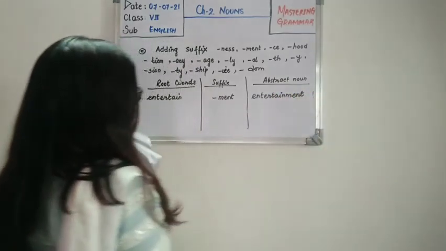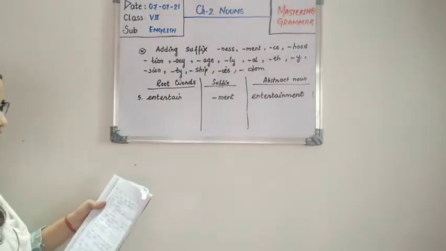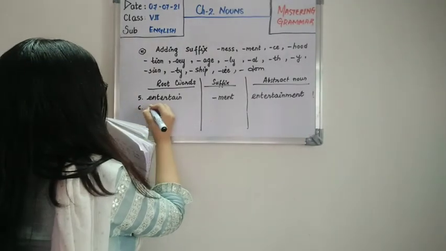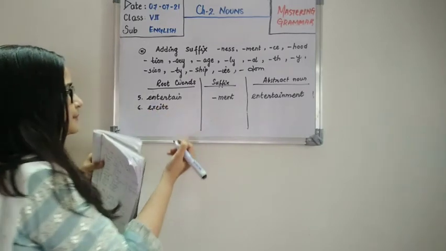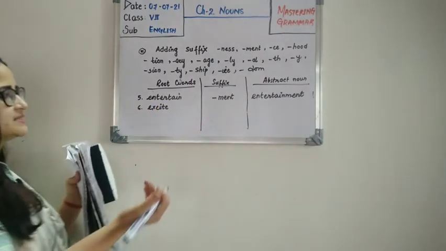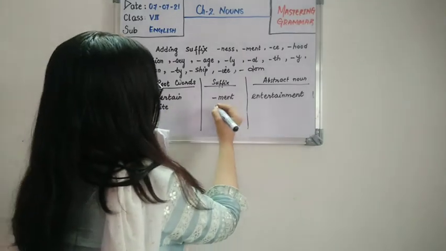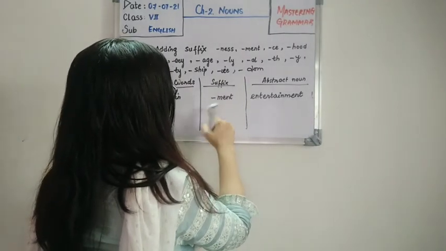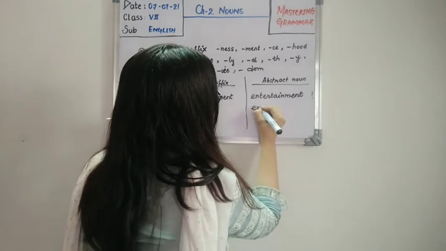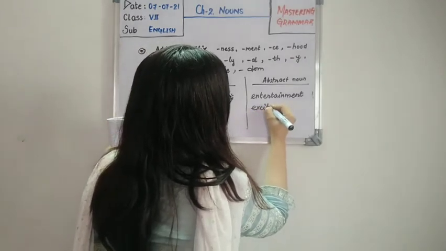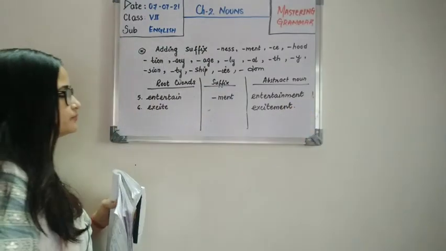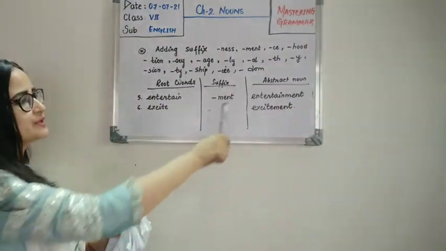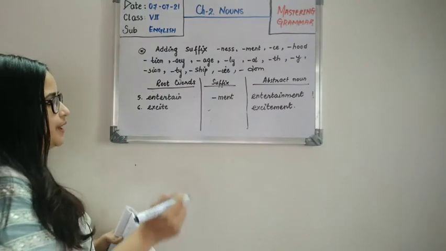Now the 6th word is excite. To excite, be excited. With the addition of ment only, it will become excitement. Right, children? Excite is a verb, so this becomes excitement.